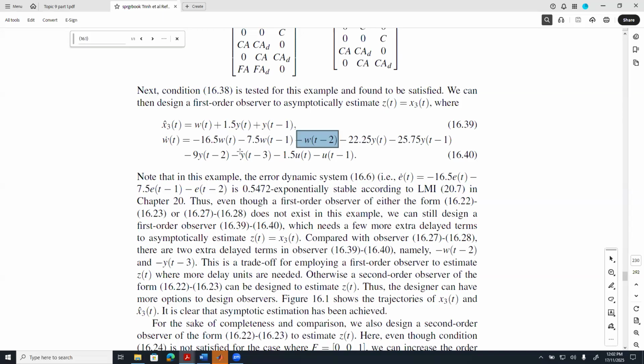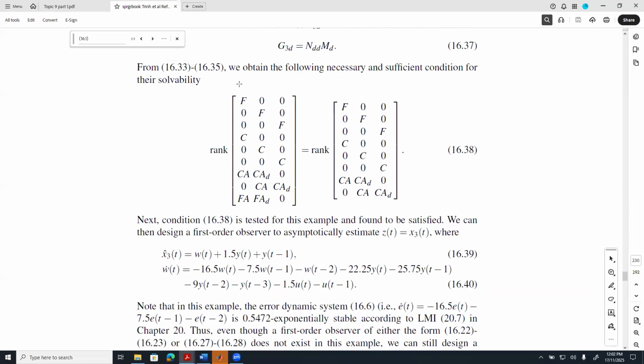And also we got an extra term in here. Well, that is the trade-off. That is the price that we had to pay. If we go for a first order observer, other works, those observers don't exist. We had to pay a bit extra for it.